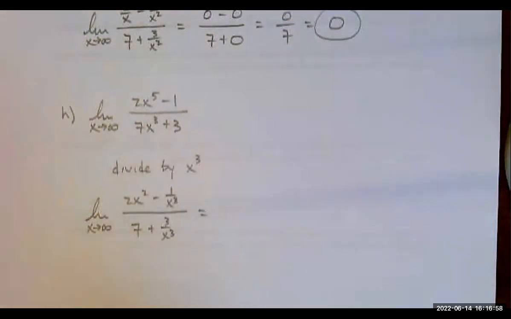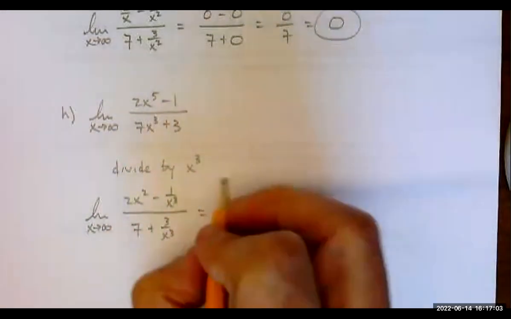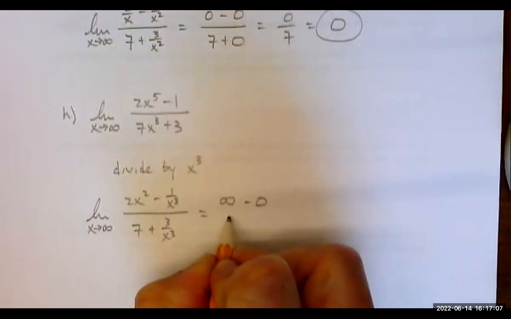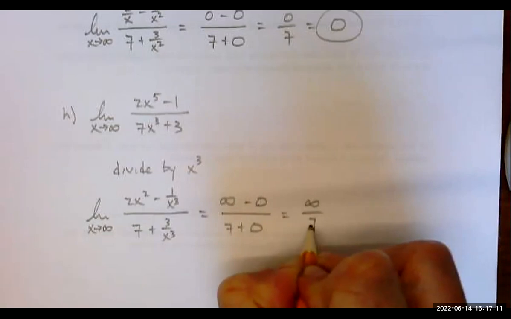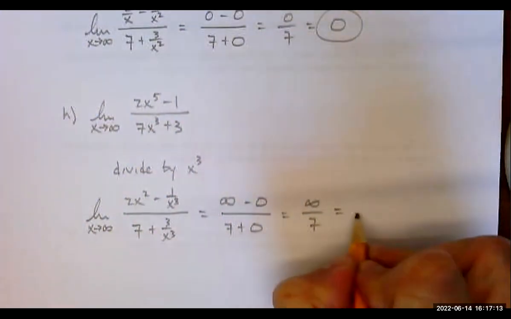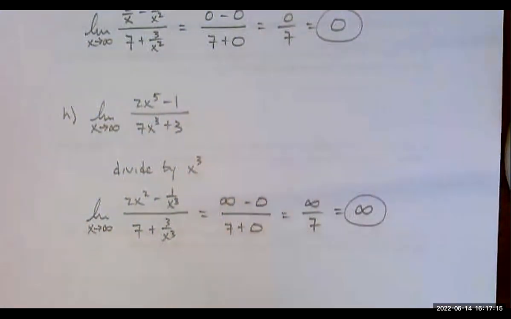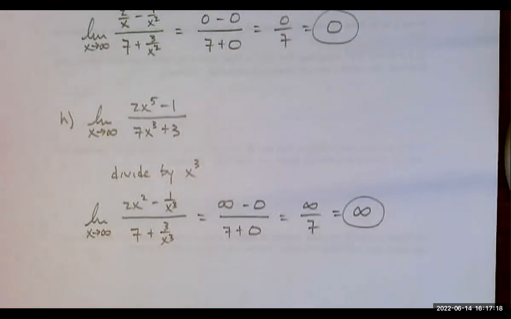And now taking this limit, x going to infinity, for 2x squared, that's going to infinity, minus 0, over 7 plus 0. We've got infinity divided by 7, but that is infinity. Okay, let's take a look at some graphs.